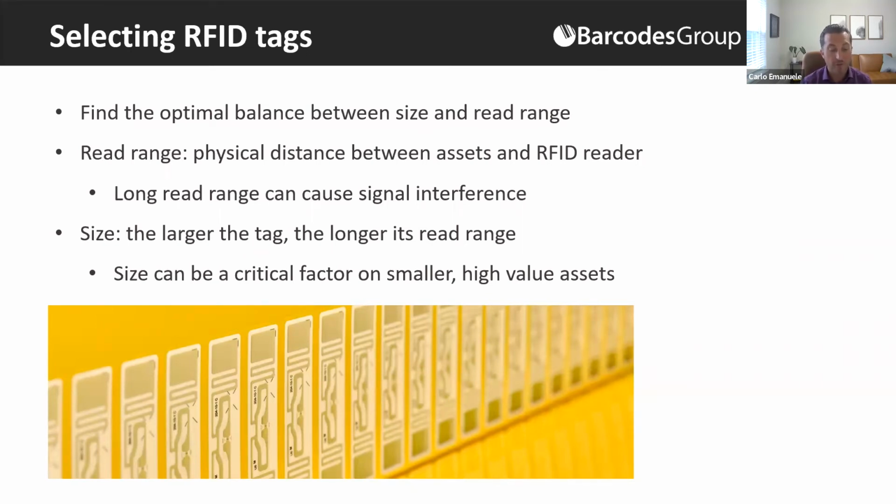For example, the longer the read range, it can cause some interference. On top of that is what is the asset that needs to be tagged and the environment that it's in. Having those kinds of conversations is really where Barcodes Group can help determine what solution, at least as a starting point, is best for your organization. Next slide, please.